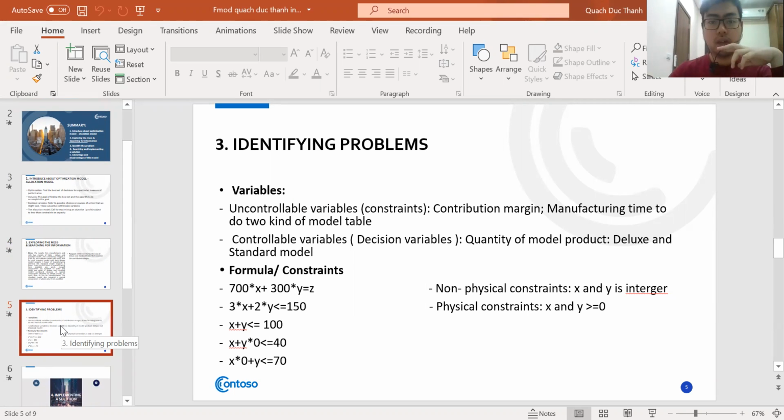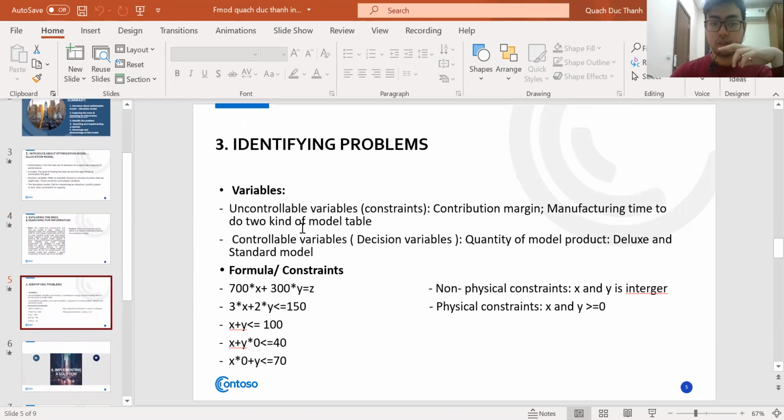Next is identifying problems. Here I divide it into three parts. First is the objective, which is to maximize the profits. Second is the variables, with uncontrollable variables. The constants are the contribution margin and the manufacturing time for the two kinds of model, and the controllable variables are the decision variables, the quantity of each model produced, luxury and standard.